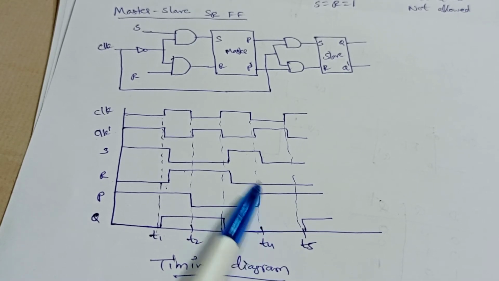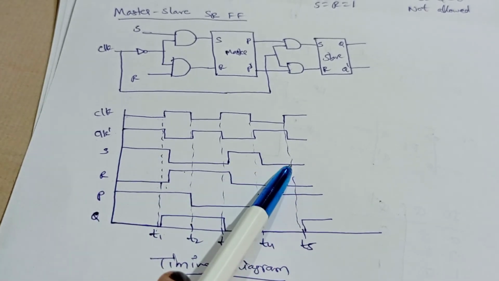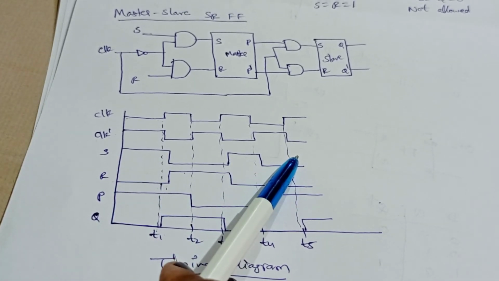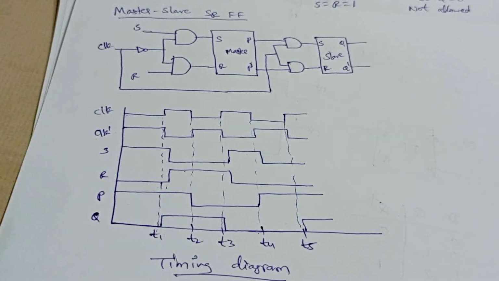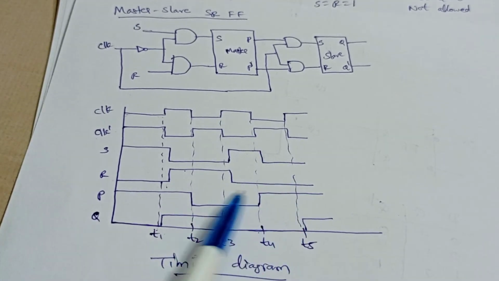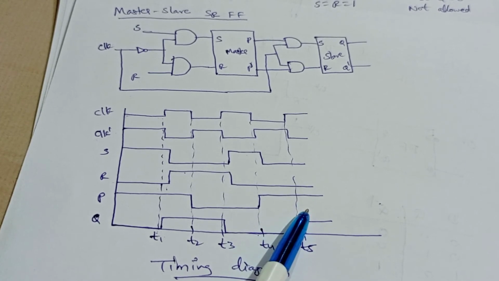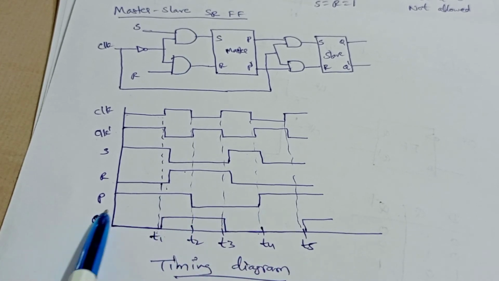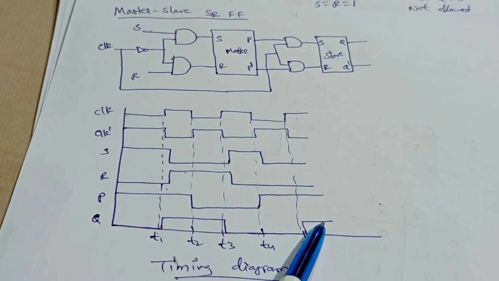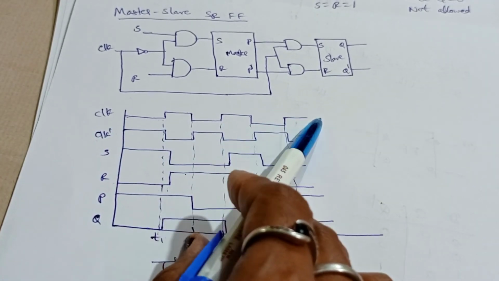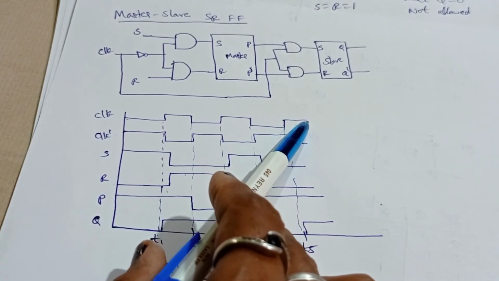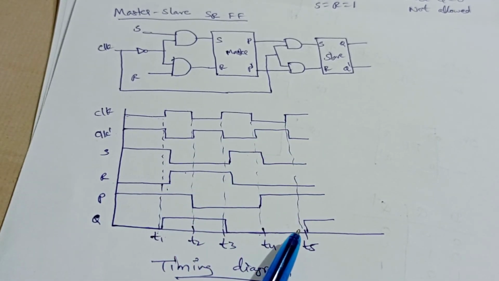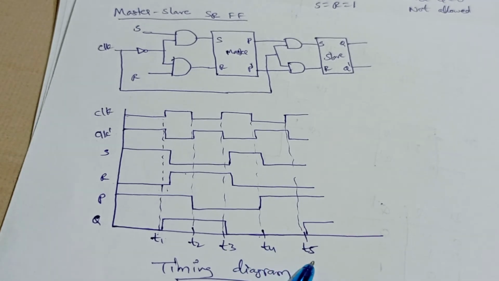That means at t5 it should change to 0, but P is not changing. So Q changes to 1 after the rising edge of the clock. Here the clock is rising from 0 to 1. Then S changes to 0 at t5.